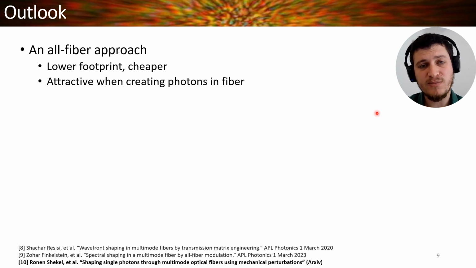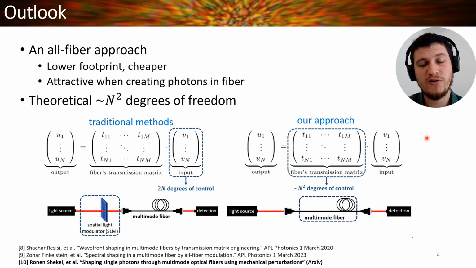There's also a second, more fundamental theoretical advantage of our approach. In the traditional methods using SLMs, the SLM shapes the light at the input of the fiber. Now, we consider this all linear, so you can think of the light at the input and the output of the fiber as vectors, and the transmission through the fiber can be modeled through a transmission matrix.